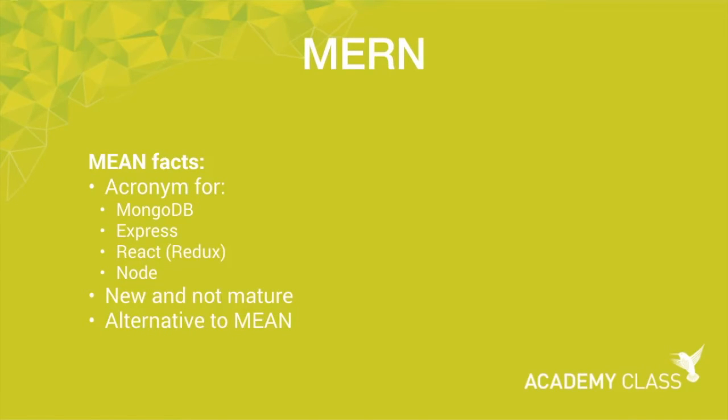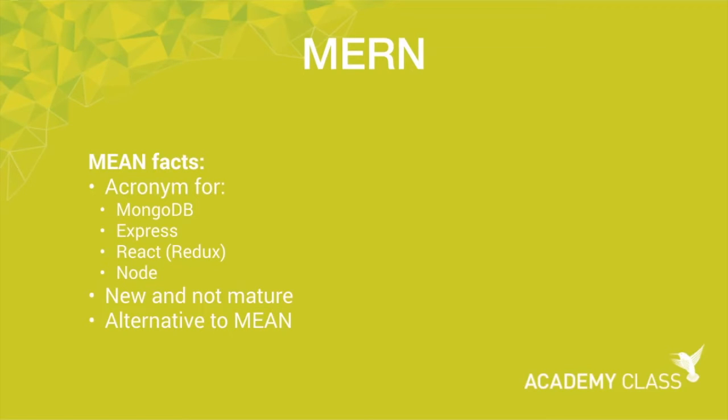One new development which came up probably a couple of weeks ago is called Mern. It's basically a stack really similar to Mean, but instead of Angular, it's using React and Redux.